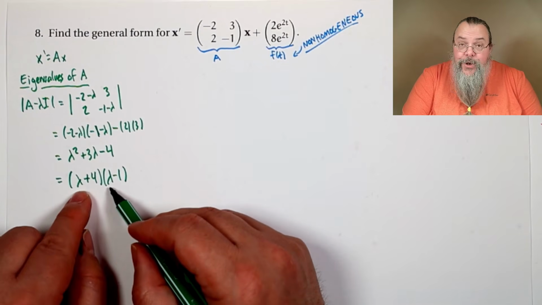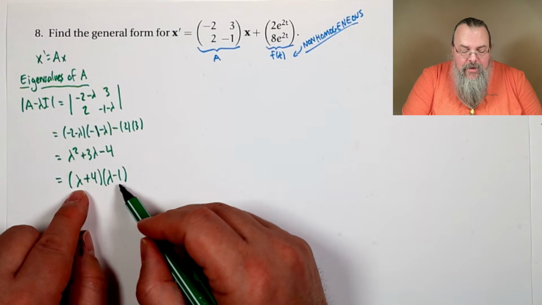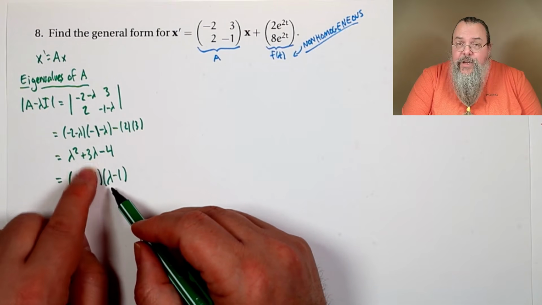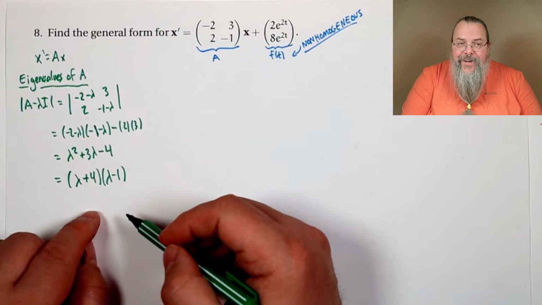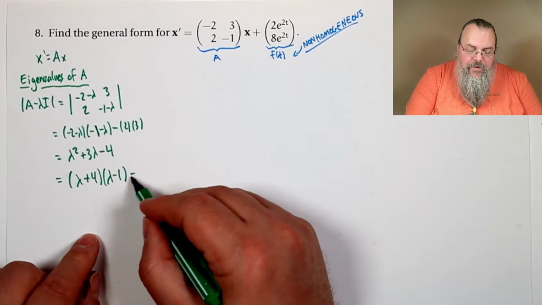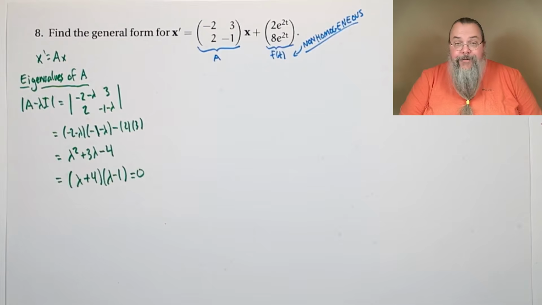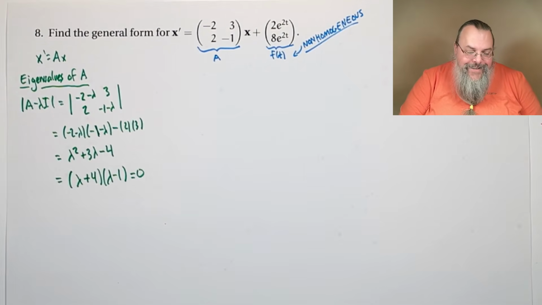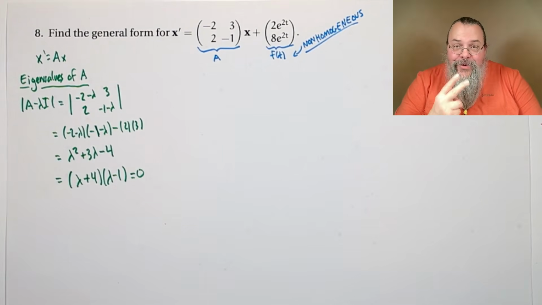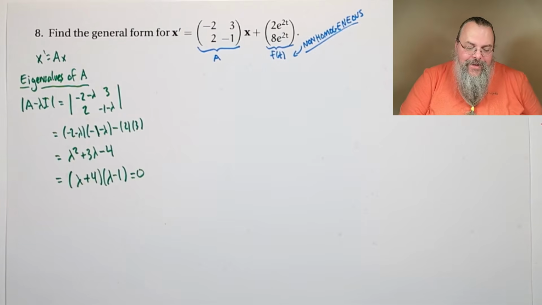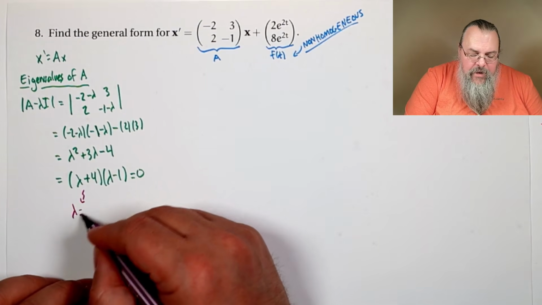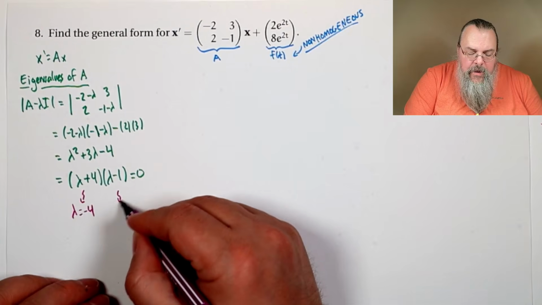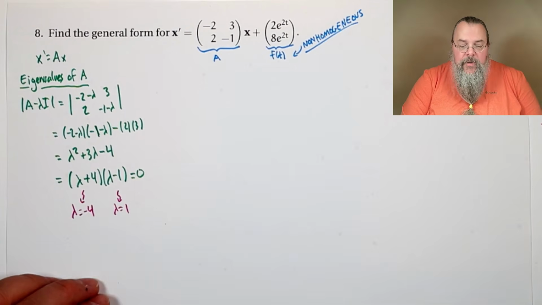Lambda squared, good. Minus lambda, plus 4 lambda, 3 lambda, good. Minus 4, good. All right. And we set it equal to 0, and well, that gives us two distinct eigenvalues. So we have lambda is -4, lambda is 1.